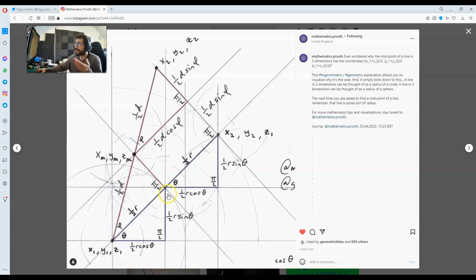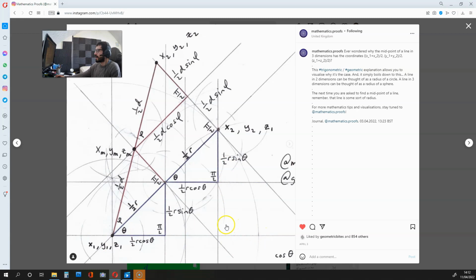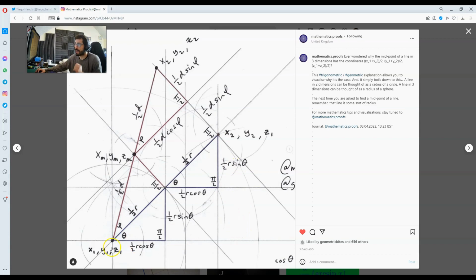The y-coordinate of this midpoint over here is going to be y1 plus half r sine theta. That is because we're getting half of this opposite side over here. And remember, we start from x1, y1, because these angles are over here.